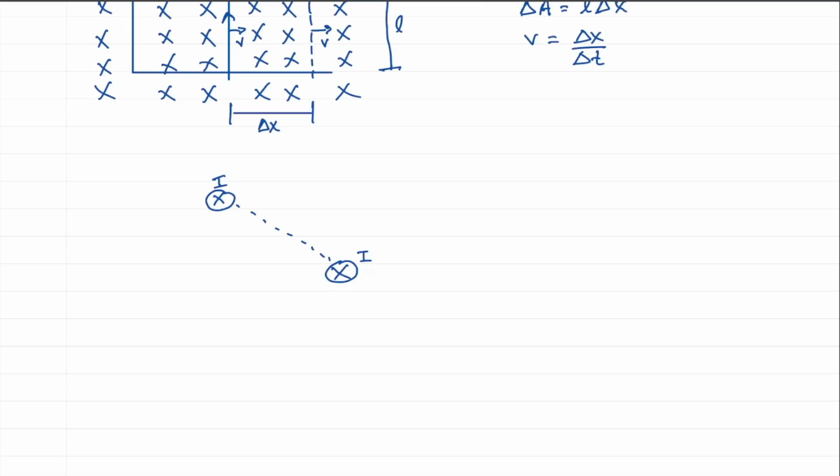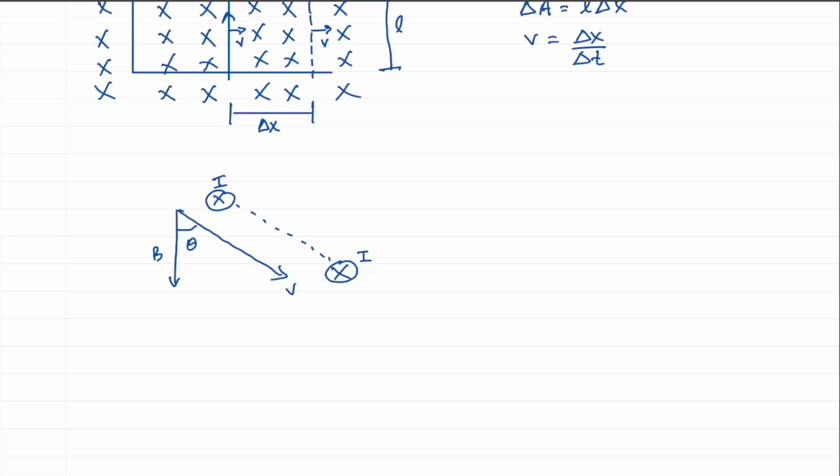Okay, so if we're looking at this and the current is into the page, that means the magnetic field is down the page. So we're looking at this on end from the bottom edge.